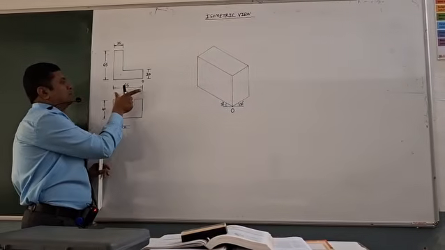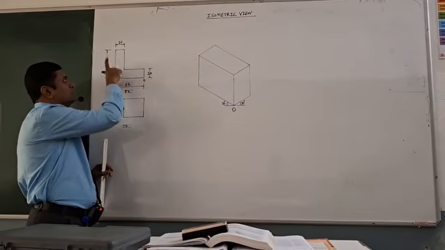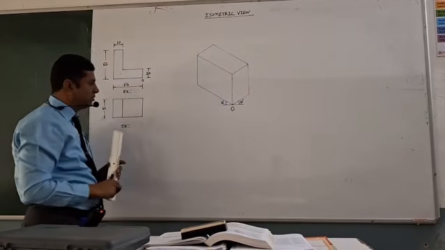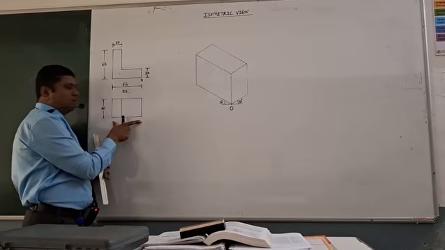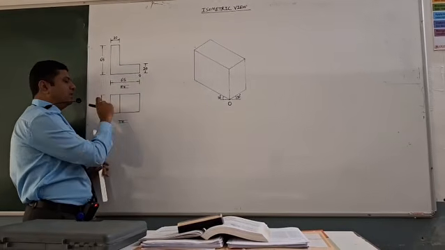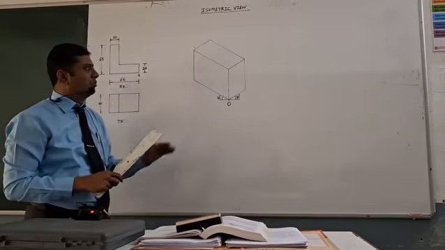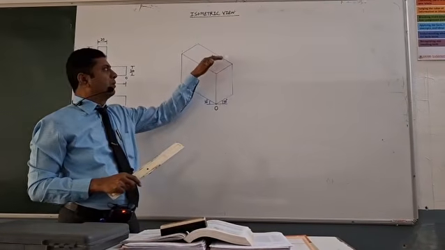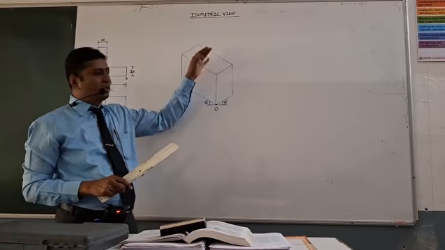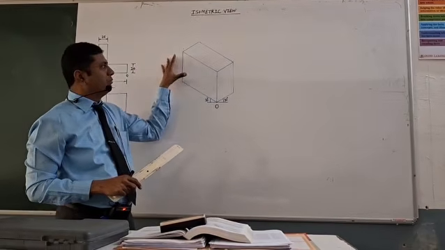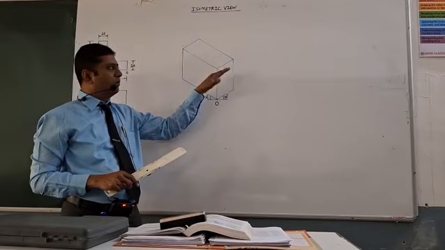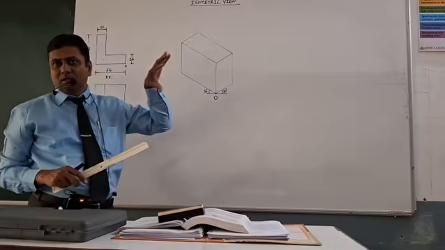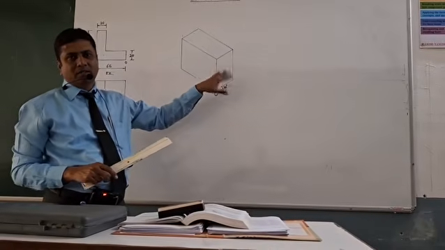Here length is 65 and height is also 65, and you can see the top view length is the same, 65, and the width is 40. So I have taken 40 here, and I have created the top plane also. So 65, then 40, 40. Automatically the other plane, that is the side view, will come here. You can see the side view in this plane.